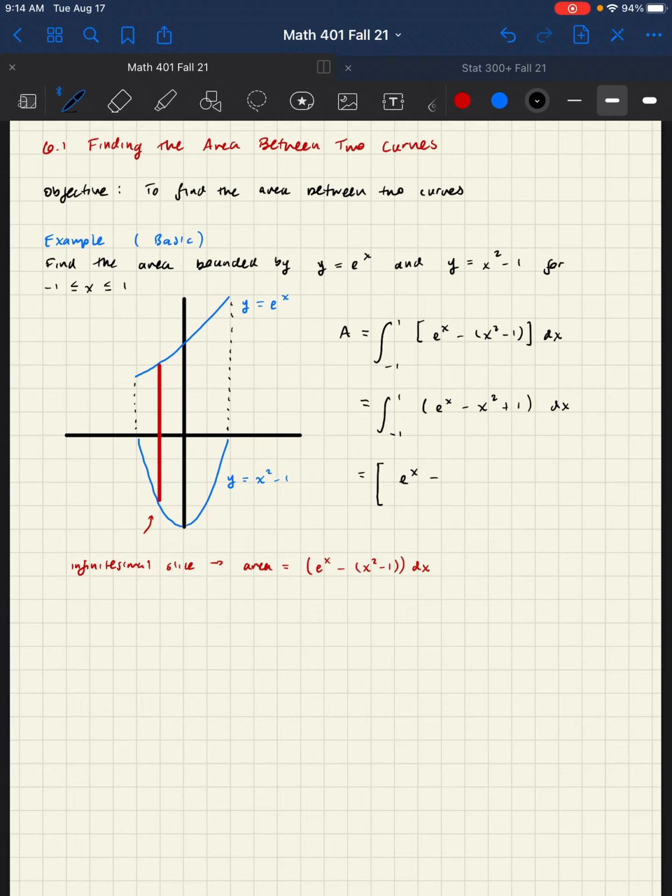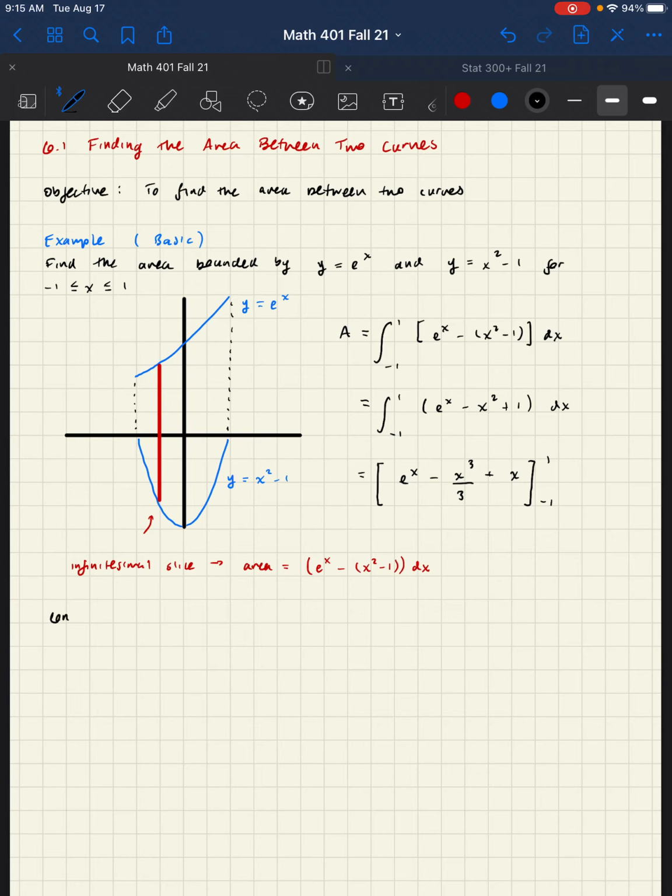Negative x squared, remember that the power rule for integrals means that we're going to get x cubed over 3, and then 1 becomes x. And by the fundamental theorem of calculus, part 2, then we're going to need to evaluate this at 1 and evaluate at -1 and subtract.